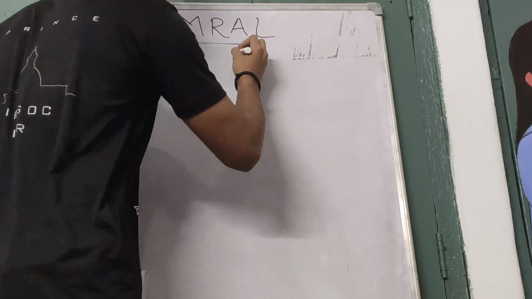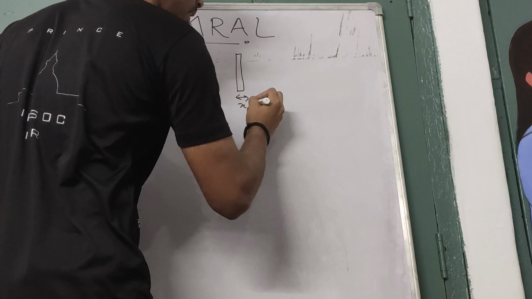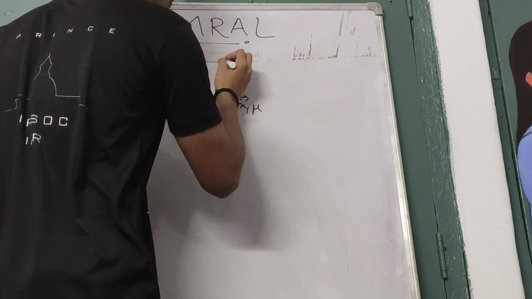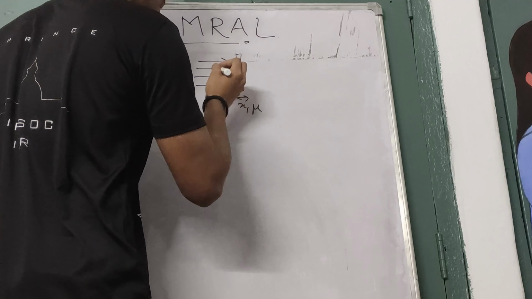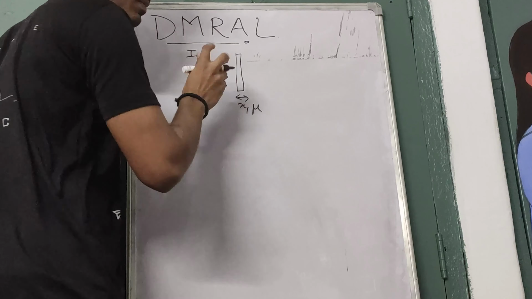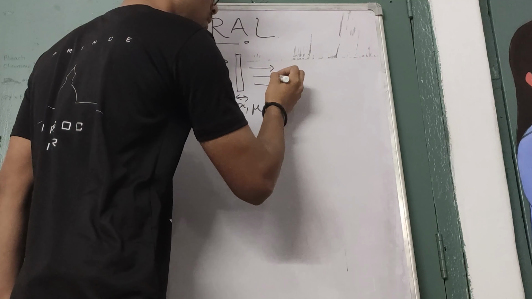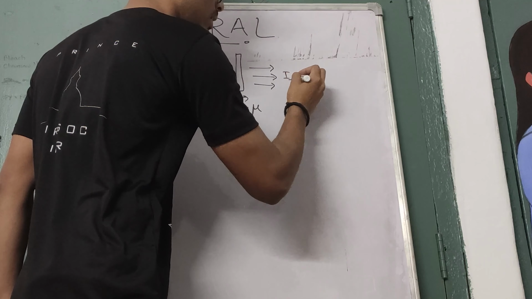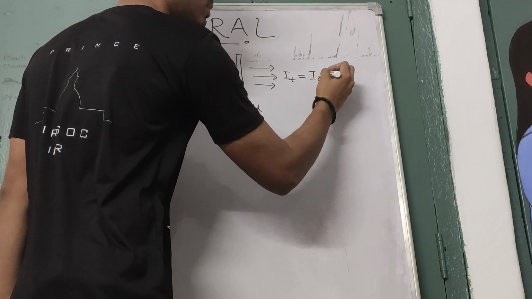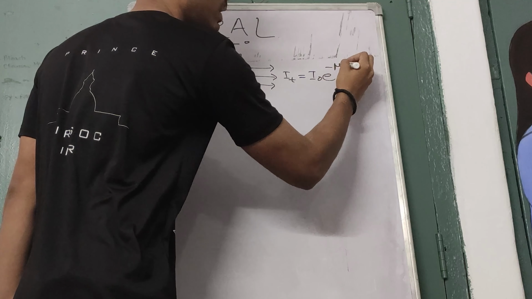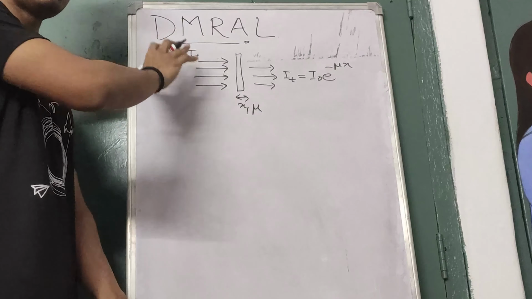First of all, as we know, if there is an absorber of thickness x and attenuation constant mu, and light of intensity I0 is incident on this absorber, then we get transmitted light of intensity IT, which can be expressed as I0 e^(-mu x). And we are going to use this in this DMRAL method.